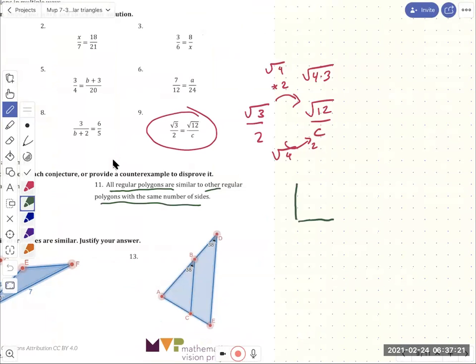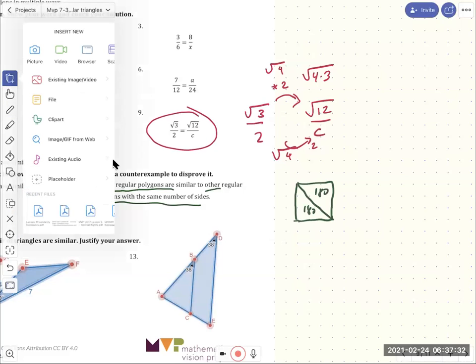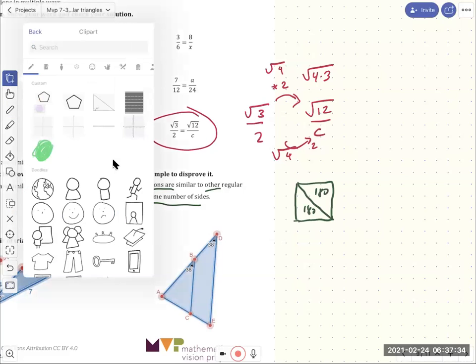you have this idea that for a regular polygon, you can divide it into triangles of 180 degrees, right? So if you don't remember that, let's say I think I've got a regular pentagon here in my clip art. So I put this regular pentagon in, and you have the same idea, right?